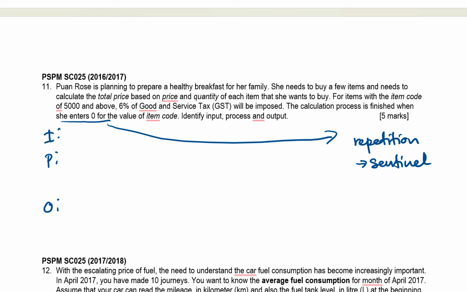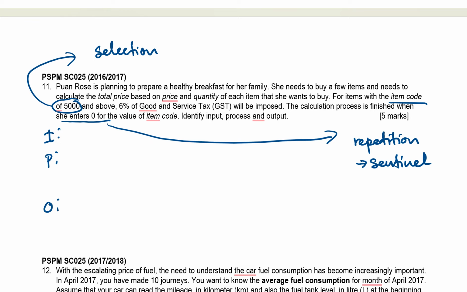Okay, next. What else do you have? Do you have a selection control structure? Yes. Which statement indicates it is a selection control structure? This one: the item code 5,000 and above indicates a selection control structure. In this question, it is a repetition and selection.